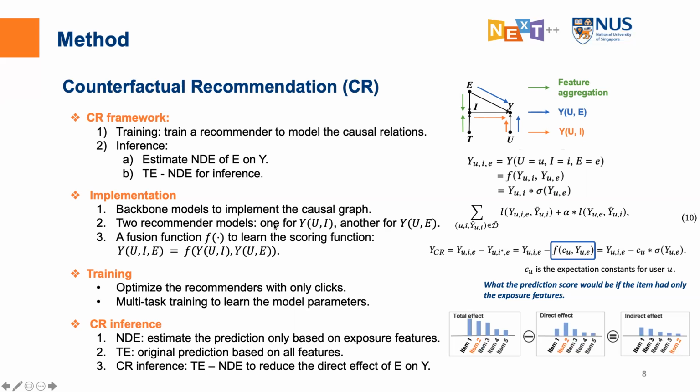Yeah, this is an implementation of how to combine the existing recommender with this framework. During training, we only use click for the parameter optimization, and during inference we mitigate this natural direct effect to reduce the influence of attractive exposure features. Yeah, this is about the implementation part.